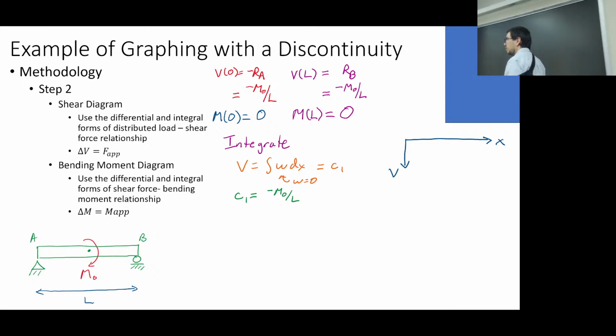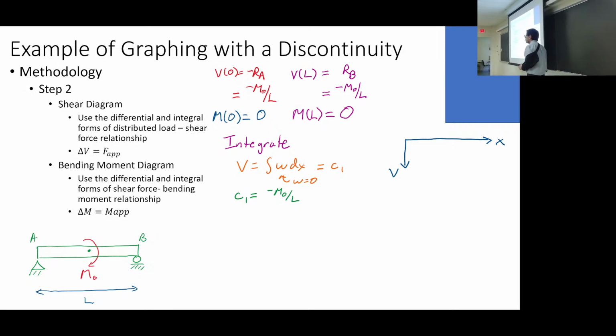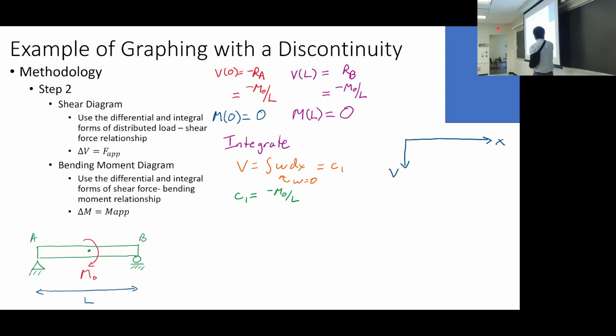That's a good thing, because now I can satisfy the constraints and I can get the result. What's often a little bit confusing to me is that, wait, there's a discontinuity there. That discontinuity is in the moment, not in the force. So the shear force doesn't care about what's happening in the bending moment.